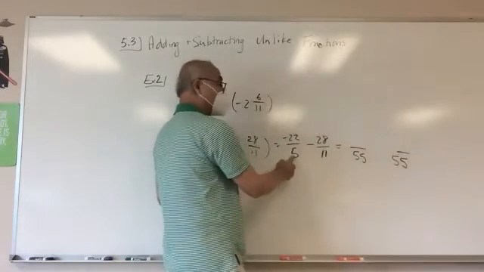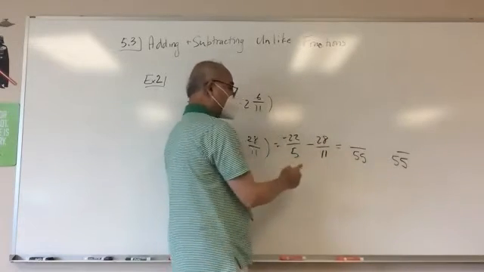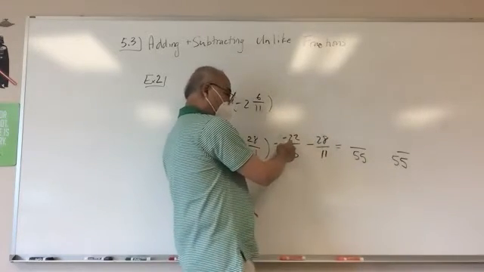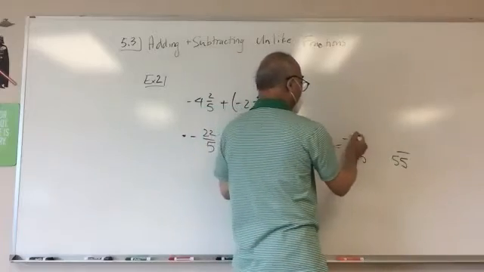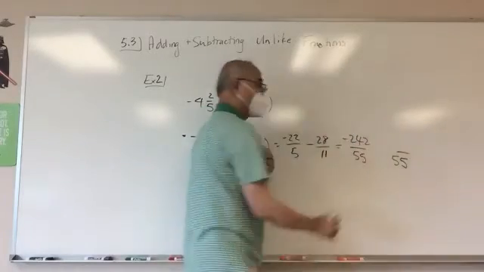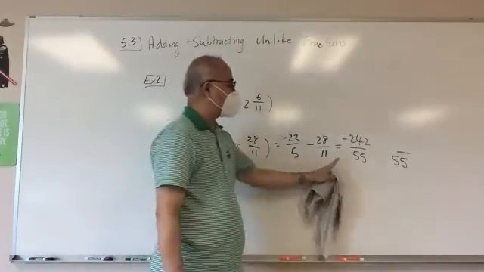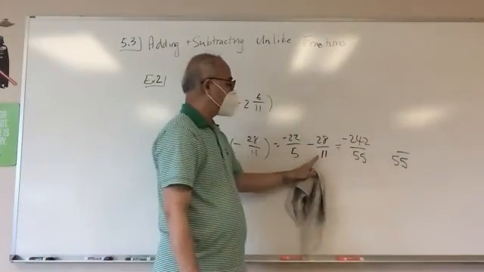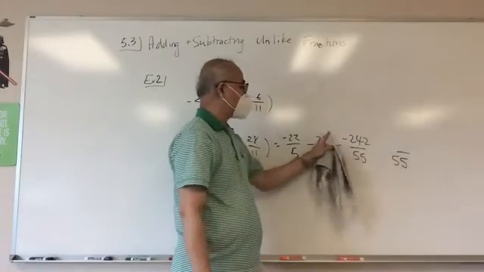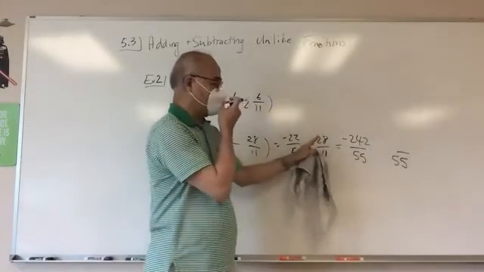Okay, so go from 5 to 55. I have to multiply the top by 11. Okay. All right. And then the other one over here, I went from 11 to 55. I have to multiply this by 5. So I have to multiply this guy by 5. Right?